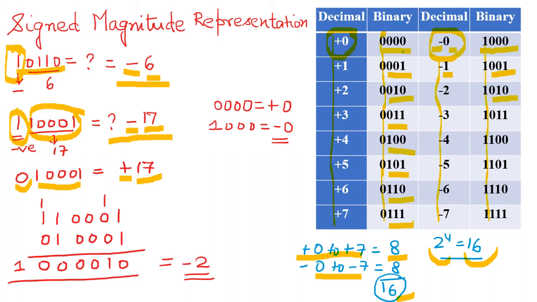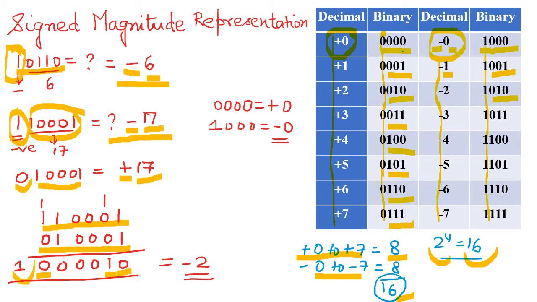Now let us add minus 17 and plus 17. Minus 17 as shown here is 110001, plus 17 is 010001. When we add the two numbers, 1 plus 1 is 0, carry 1, again 1 plus 0 plus 0 is 1, 0 plus 0 is 0, 0 plus 0 is 0, 1 plus 1 is 0, carry 1, 1 plus 1 is 0, carry 1.